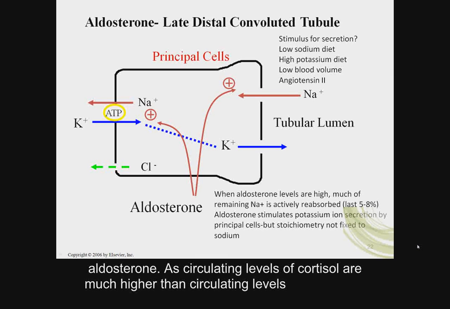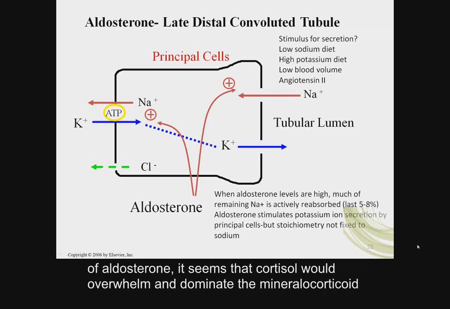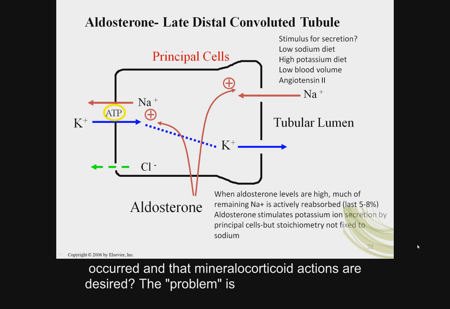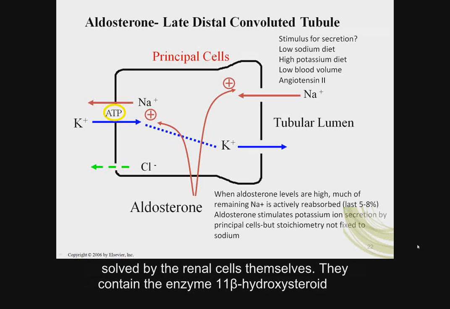As circulating levels of cortisol are much higher than circulating levels of aldosterone, it seems that cortisol would overwhelm and dominate the mineralocorticoid receptors. How would the kidneys know that a change in aldosterone concentration had occurred and that mineralocorticoid actions are desired if the receptors are blocked by cortisol?